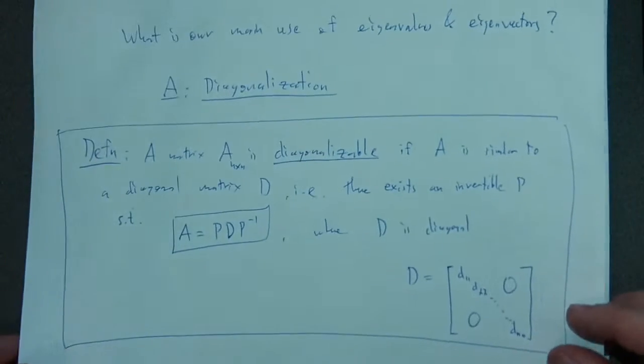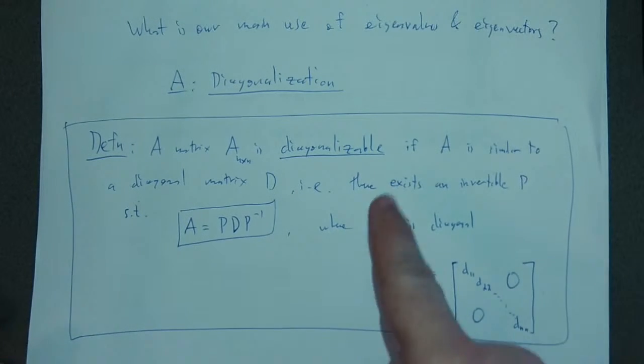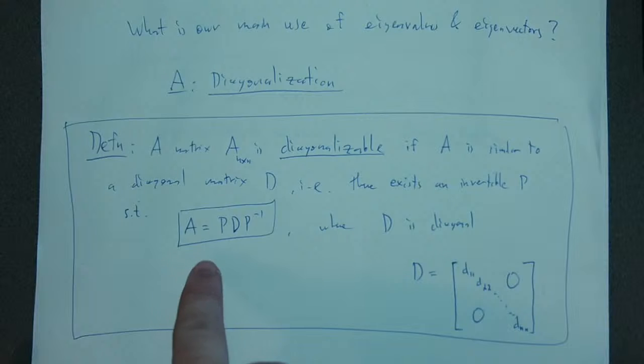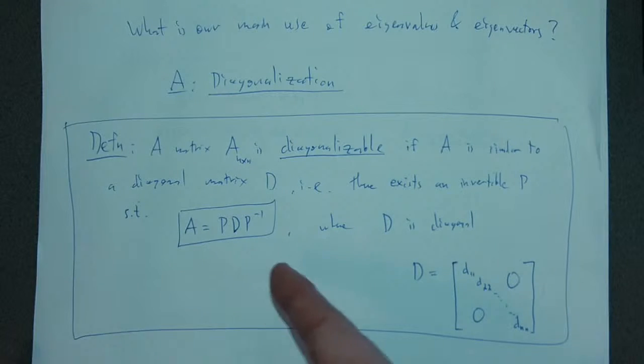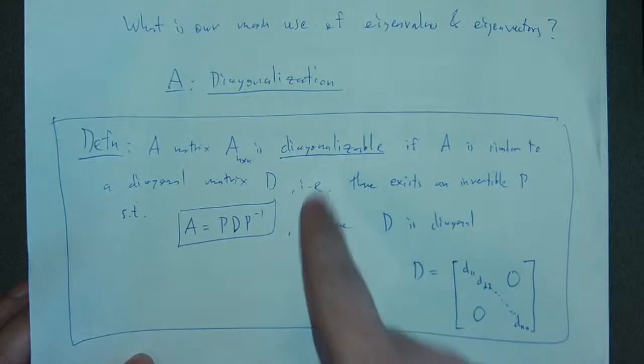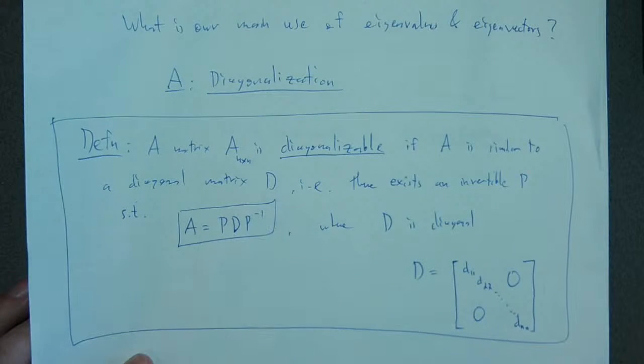a matrix is diagonalizable if it's similar. Recall, being similar means being conjugate to. It means there exists an invertible matrix P such that A is P B P inverse. But in this case, a matrix is diagonalizable if it's similar to a diagonal matrix D. So D is a diagonal matrix, meaning that the only non-zero entries for D possibly are on the diagonal.